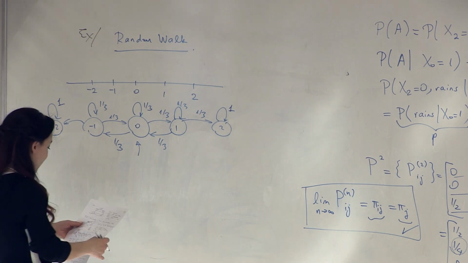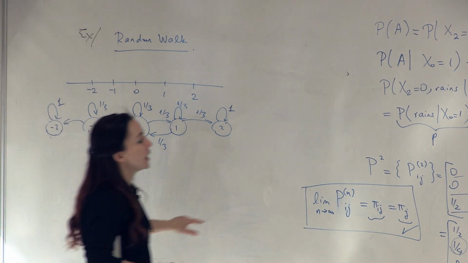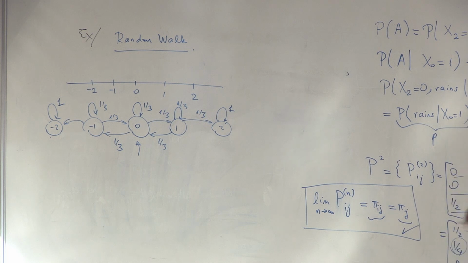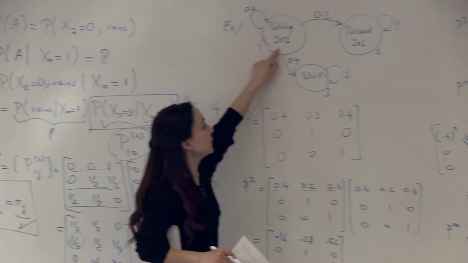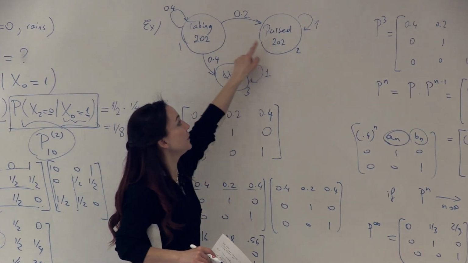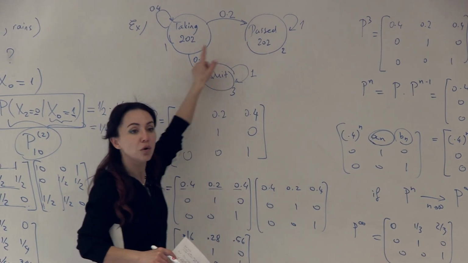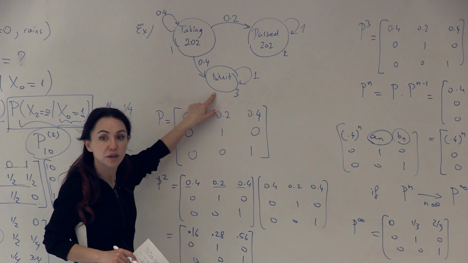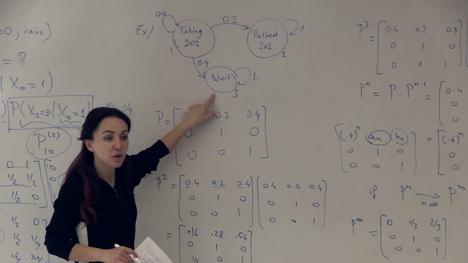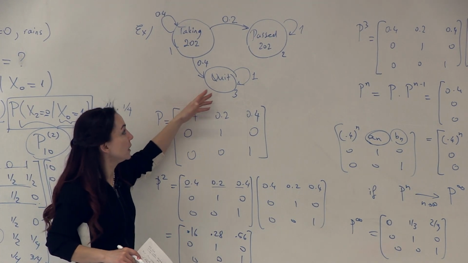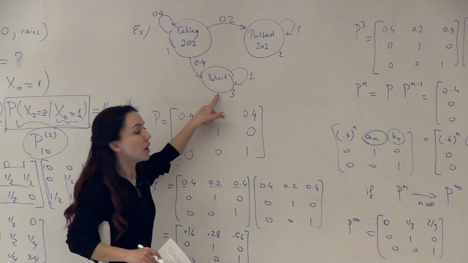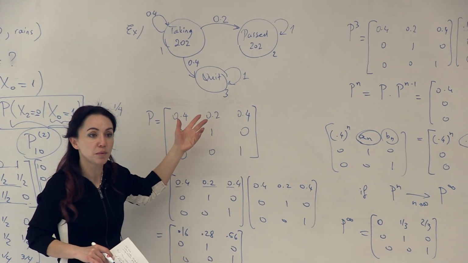Now, this is a little bit like this problem. We start here, and eventually we will either get absorbed in state 2 or we will get absorbed in state 3. And eventually these two outcomes share the probability.